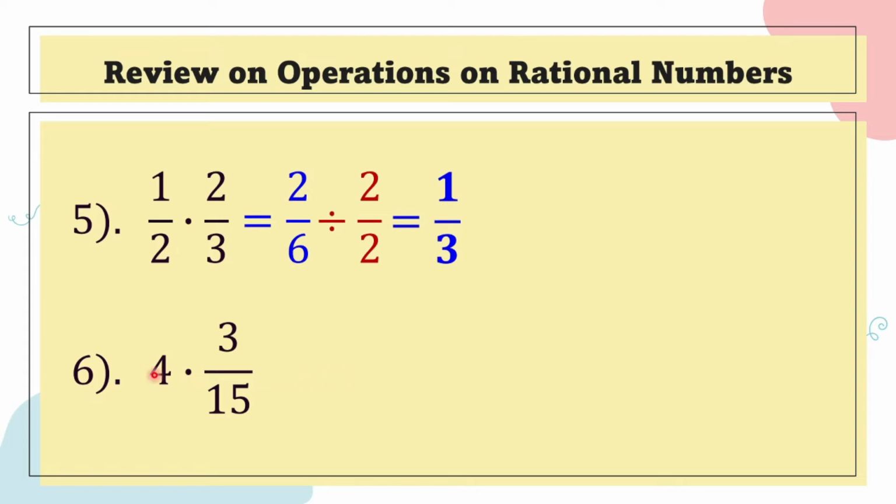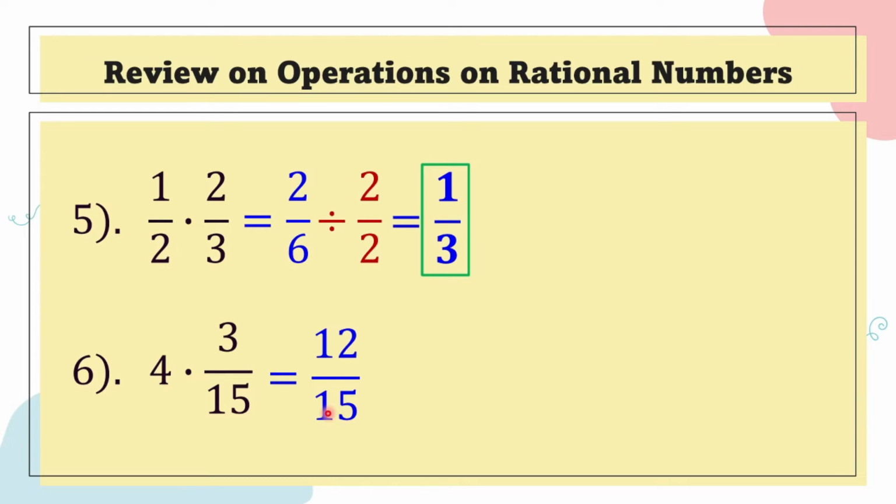So, next, we have 4 times 3 over 15. So, we have here a whole number times a fraction. So, ang gagawin lang dyan, multiply natin itong whole number sa numerator. So, we have 12 over 15. So, kinopya lang natin yung denominator.